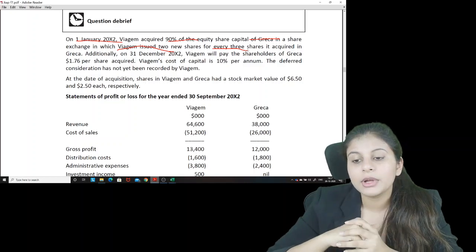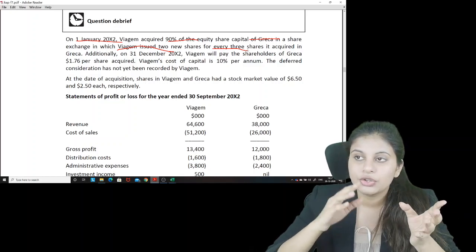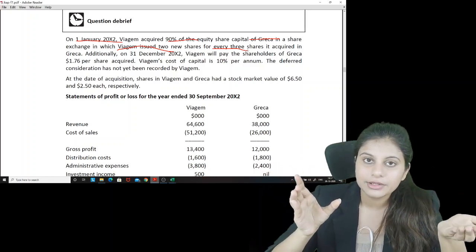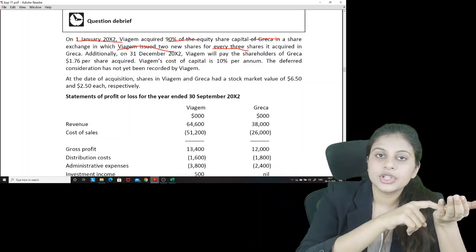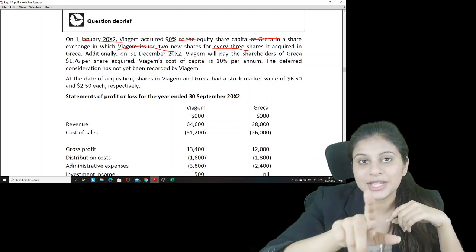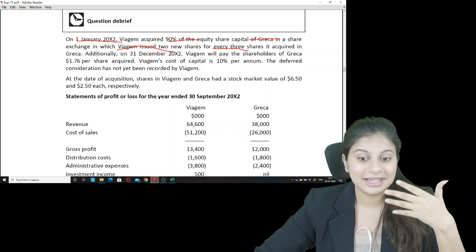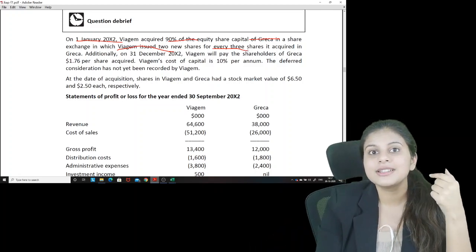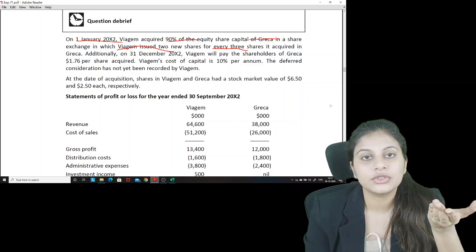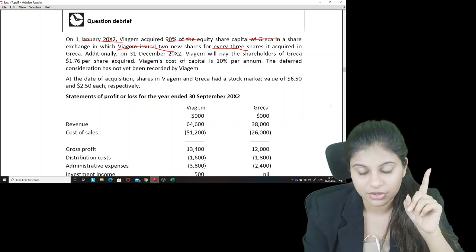Here they're talking about share for share exchange. So V is the parent, G is the subsidiary, and we acquired the shares in G for share exchange. So we said, take my shares, I'll take your shares. That's what they agreed upon, right? So that is share for share consideration that you will deal with in the consolidation goodwill calculation.